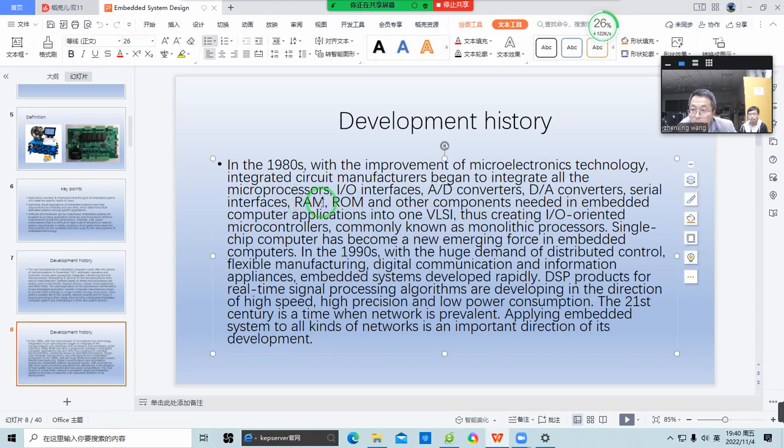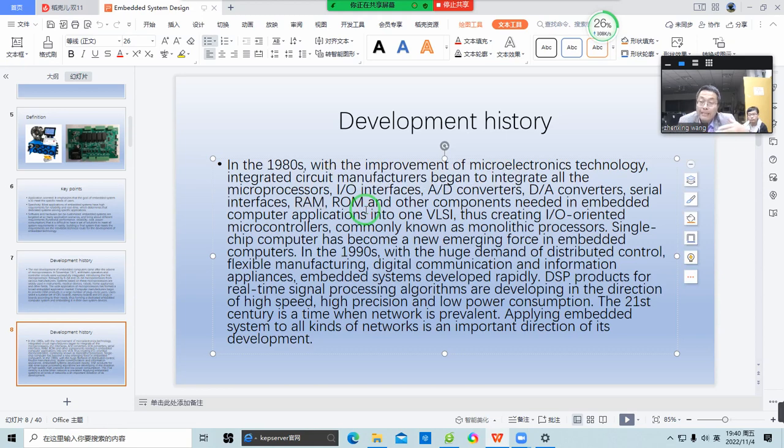What is RAM? Random access memory. What is ROM? Read-only memory. In the past, ROM could only be written once. RAM can be accessed many times. You can understand ROM as the hard disk in your computer.